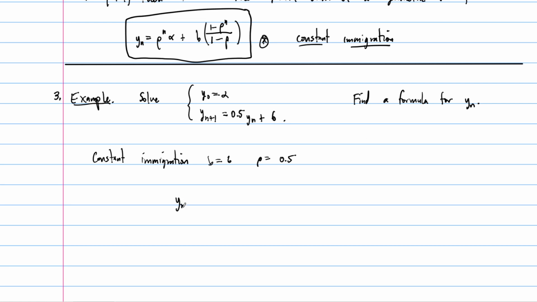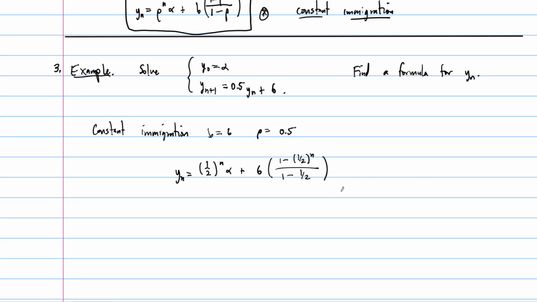So our y sub n is going to be equal to rho to the power n. So I'm going to write 0.5 as a half. So 1/2 to the power n times alpha plus our b is equal to 6, right? And then the rest of this is going to be 1 minus a half to the power n over 1 minus a half. And then we can do some simplifying, but otherwise this is the answer, right?